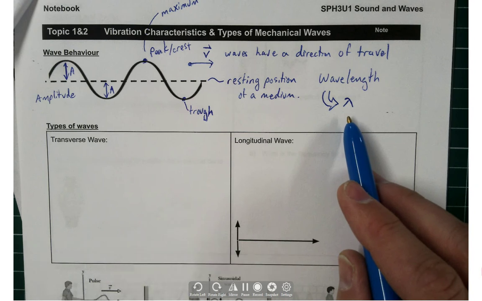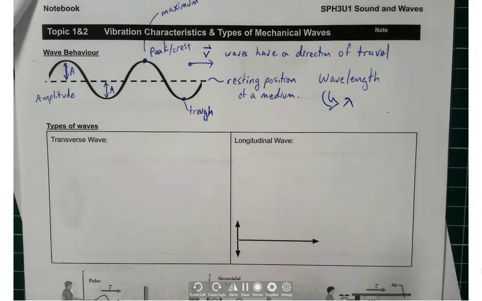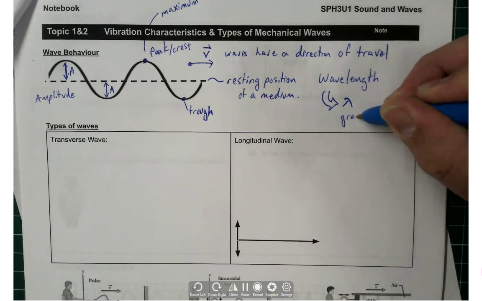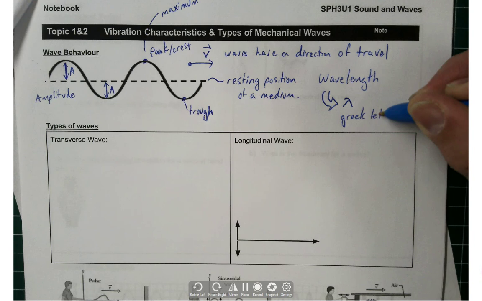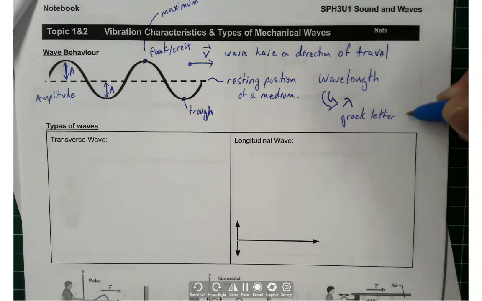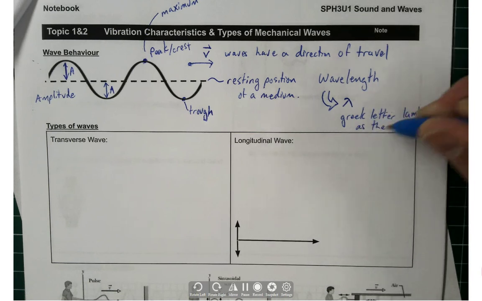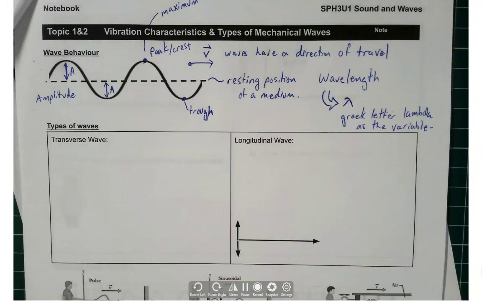In my mind, it also kind of looks a little bit like a cresting wave, but whatever. This is the Greek letter lambda, as the variable. So just introducing that Greek letter right now.